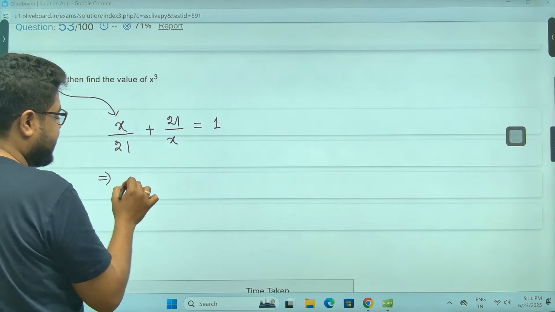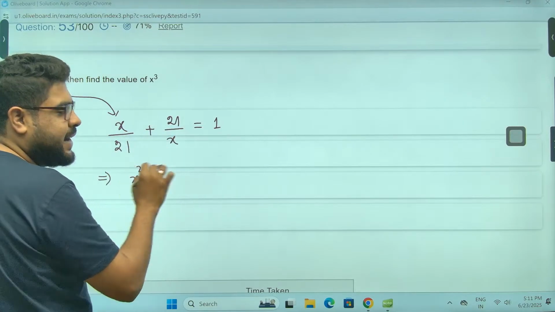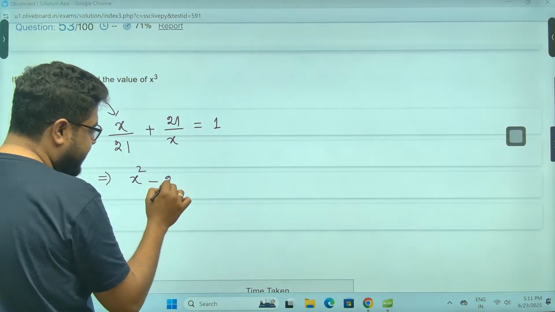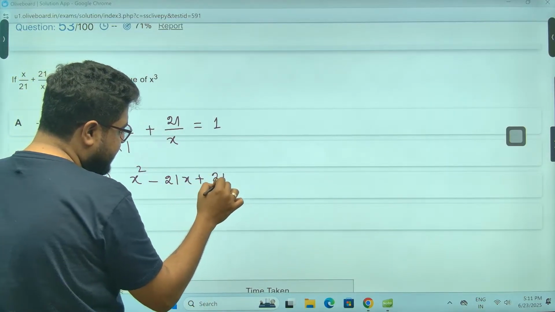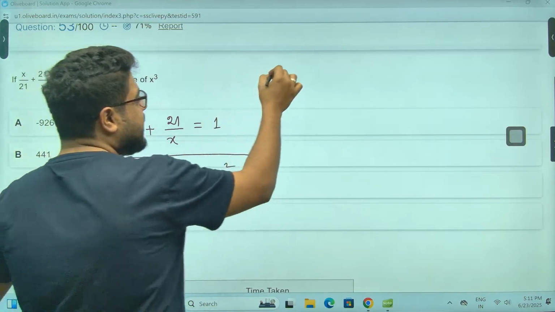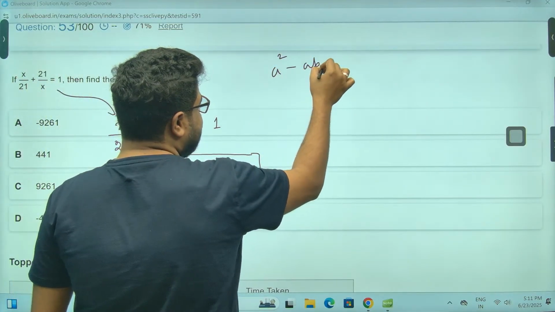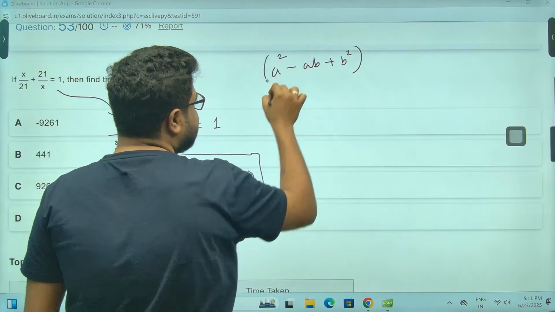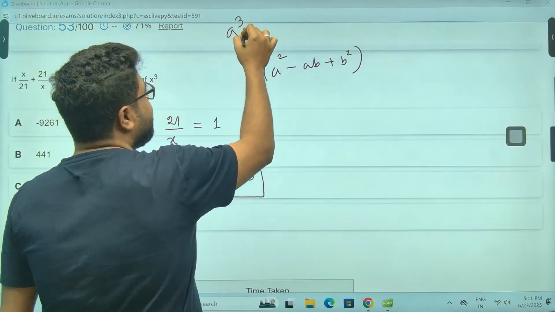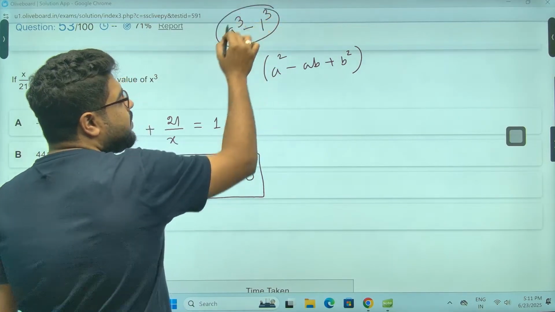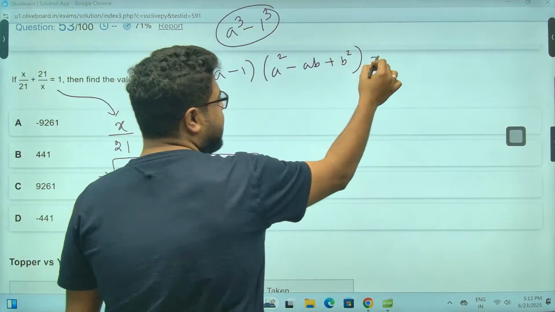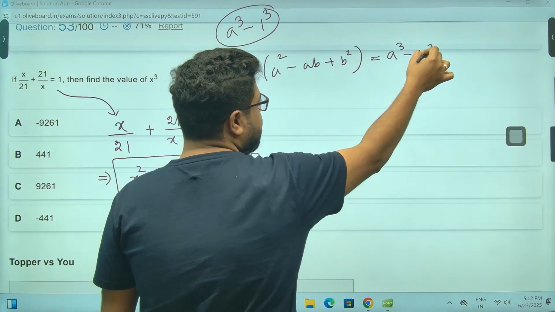If you calculate x into x square, this 21x will be the LCM, goes that side, becomes minus 21x, and this becomes a square minus ab plus b square. If you get something like this, always remember this comes from the cube formula. Meaning if you multiply by a plus b, it gives you a cube plus b cube.